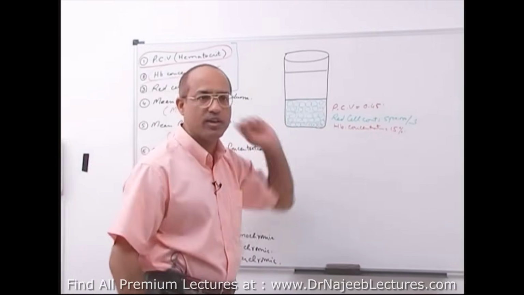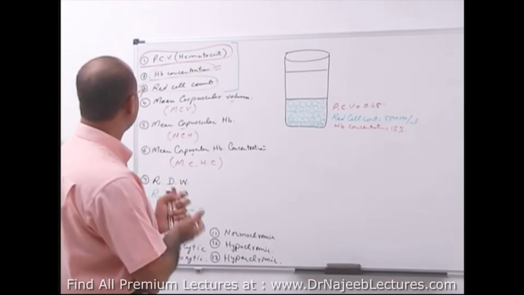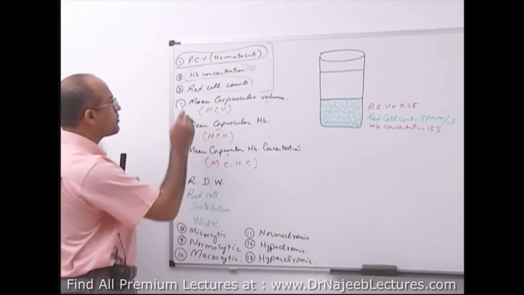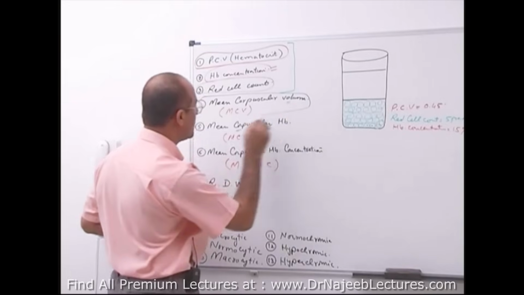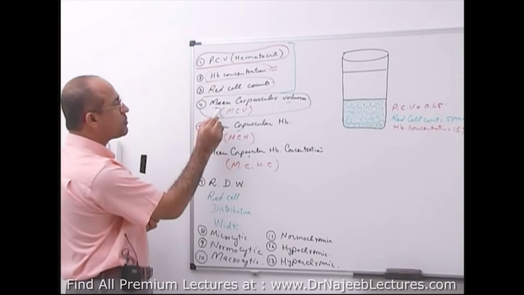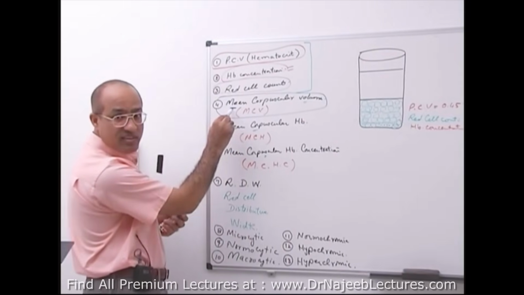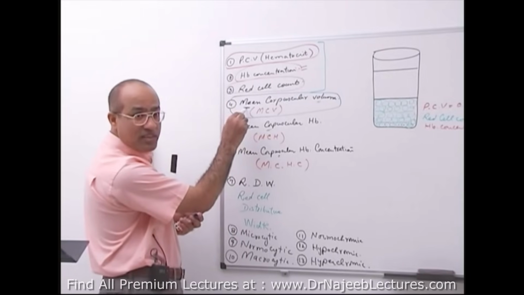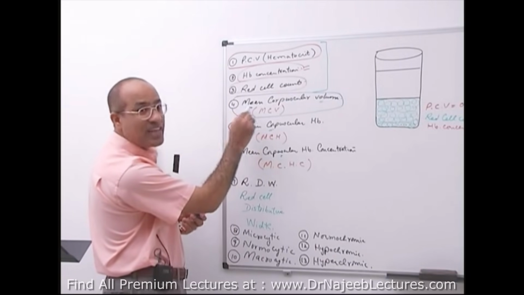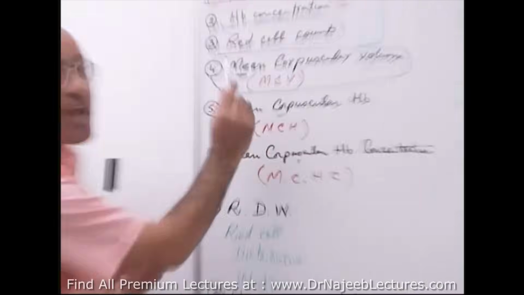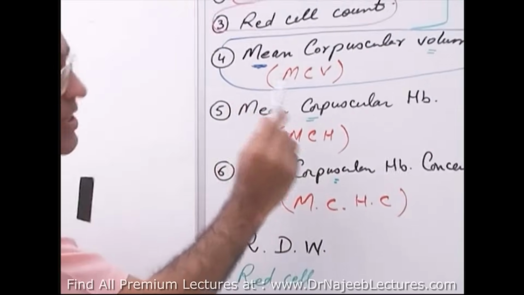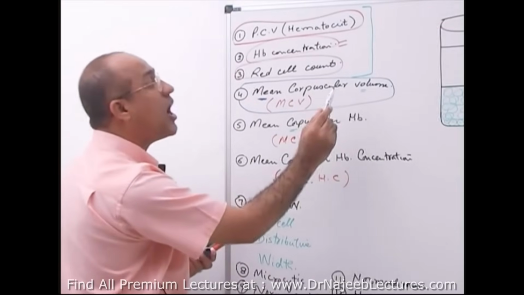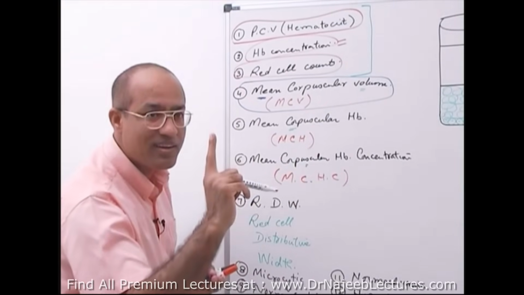These are our basic values. But now we want to develop a concept of mean corpuscular volume. This mean is not that mean which you talk about your friends. This mean is not mean RBCs. This is actually average. Average volume occupied by one cell.